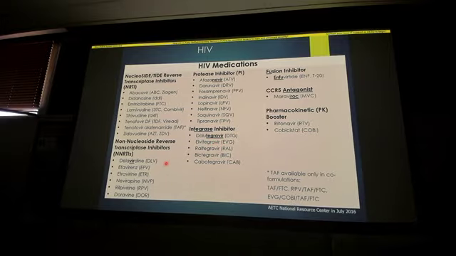So to try to remember these, you have your NNRTIs. Your NNRTIs have vir in the middle, so that's why I underlined in bold your vir, and it's right in the middle of your word. When you're looking at your protease inhibitors, they have navir at the end of them.